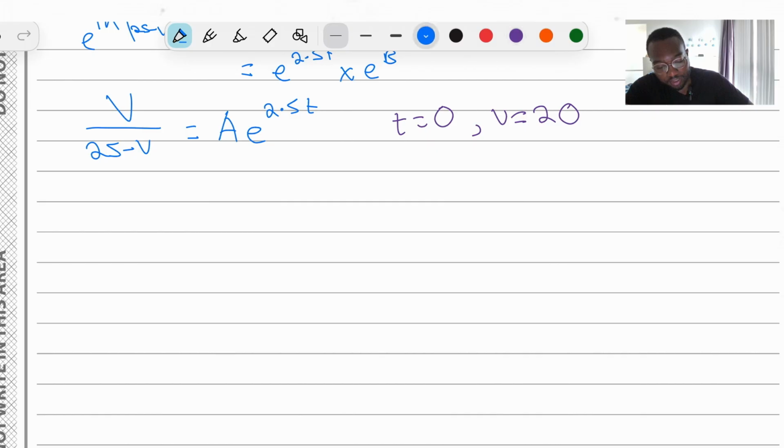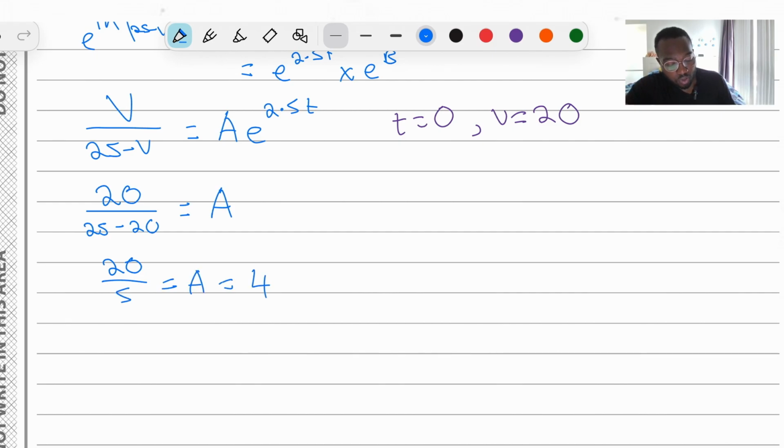So if we do that, we get 20 over 25 minus 20, which is equal to a times e to the power of 0, which is 1. So this would just give us a. Therefore, that's 20 over 5, which is a. So a is just 4.